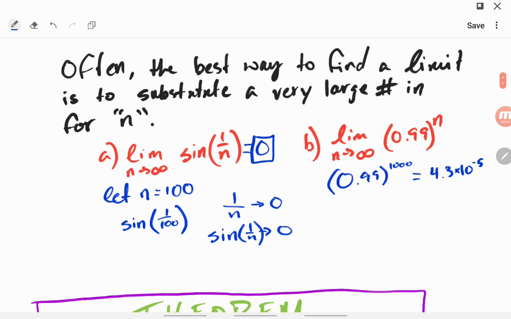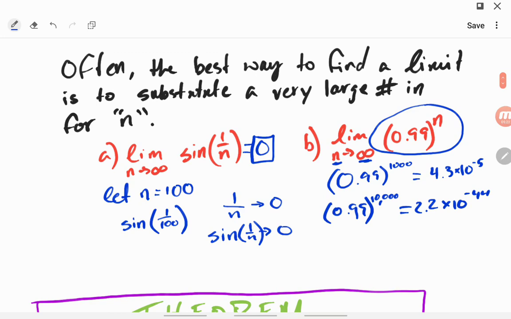What if I picked an even bigger number, like 0.99 raised to the 10,000th power? Well, that's 2.2 times 10 to the negative 44. As n approaches infinity, as n gets larger and larger, we see that this gets smaller and smaller. It actually approaches 0. So we can state that the limit as n approaches infinity of 0.99 raised to the n is equal to 0.